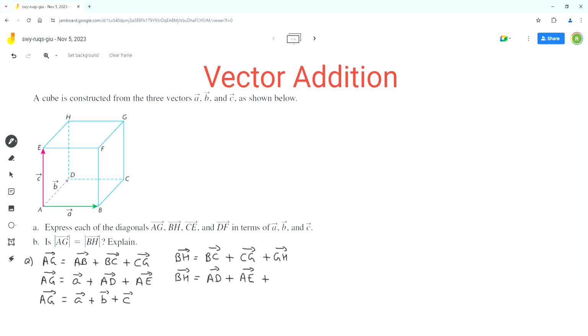Now vector GH is opposite to vector AB because GH is going from right to left and vector AB is going from left to right. So we can write vector GH as minus vector AB. So there is a very important concept we need to understand and memorize.